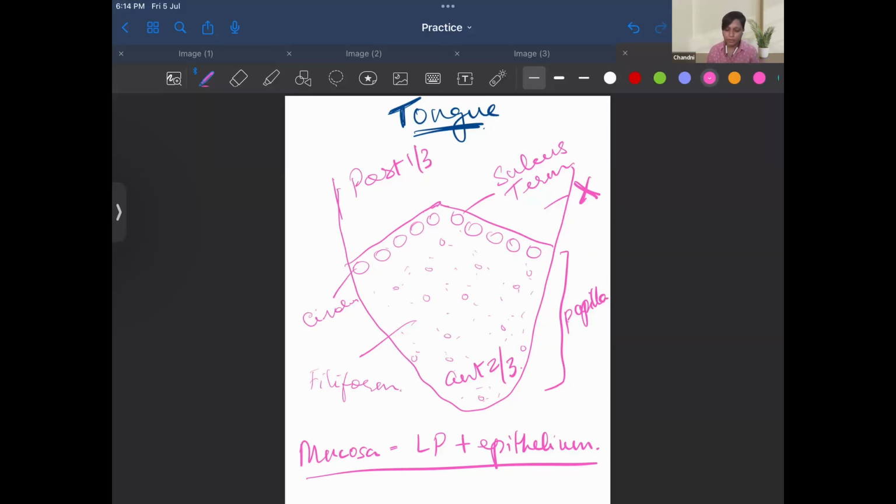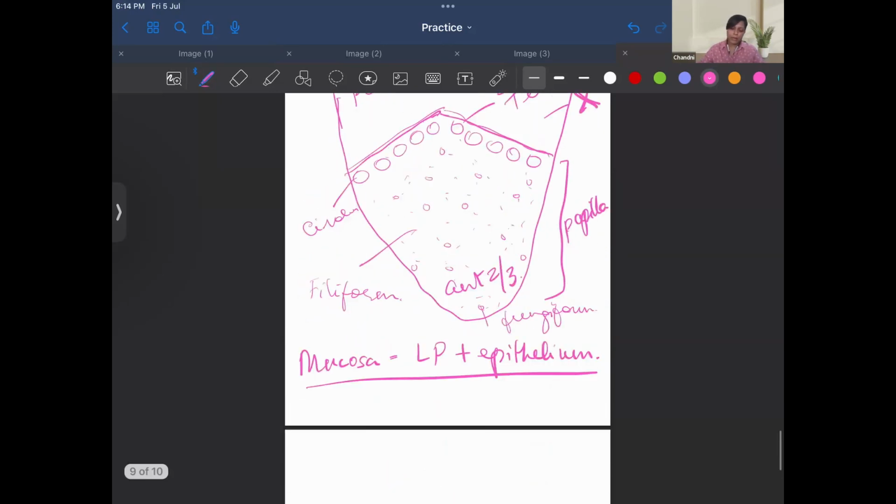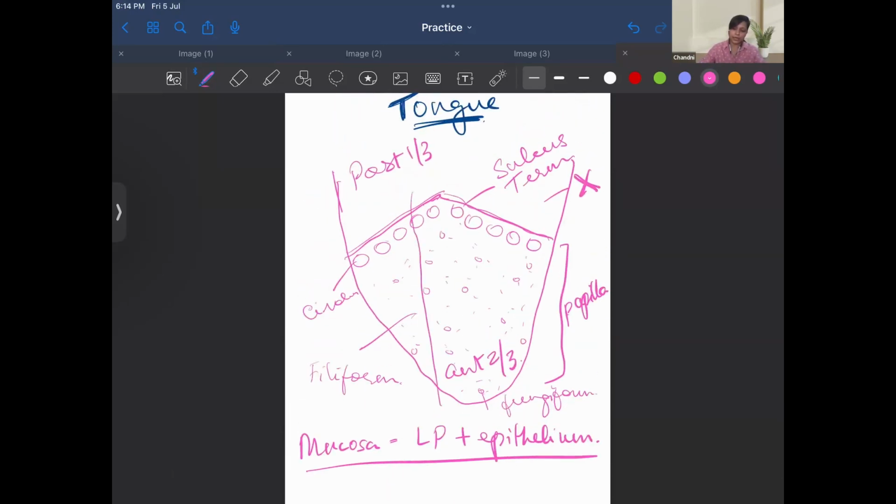What is this papillae called? What's the other one called? Fungiform, correct. Fungiform papillae. And the one right in front of the sulcus terminalis, arranged in a row, is called the circumvallate papilla.